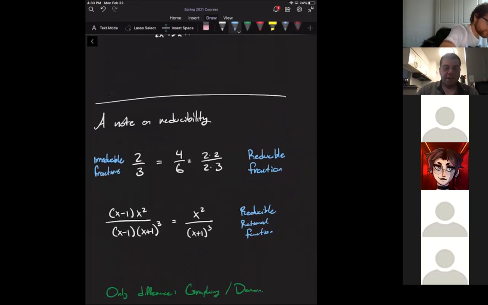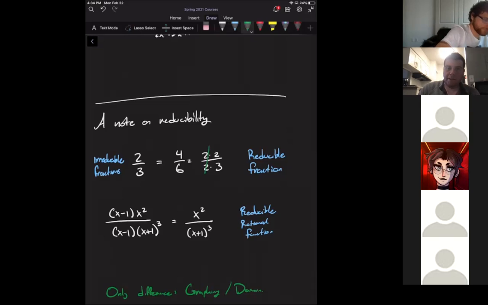And so essentially a fraction, when we're looking at like integer fractions, it's reducible when you can divide out like a common term from both the top and the bottom. It's like if we had, so we can write 2/3, and that's considered irreducible, but if we had 4/6, we could write that as 2 times 2 over 2 times 3, and then cancel out these 2's and end up with just 2/3.